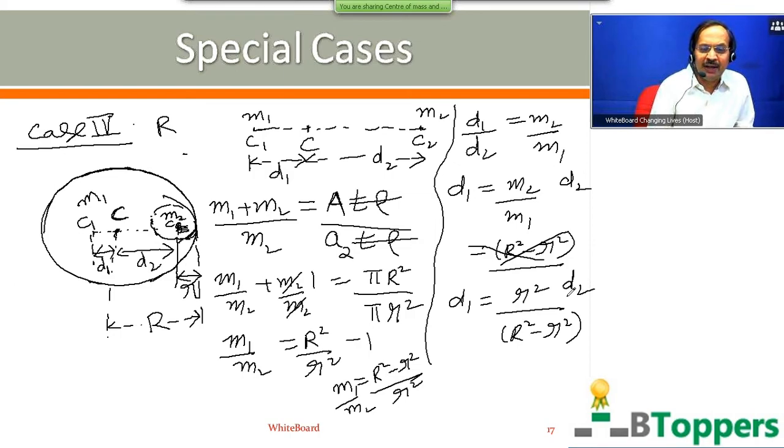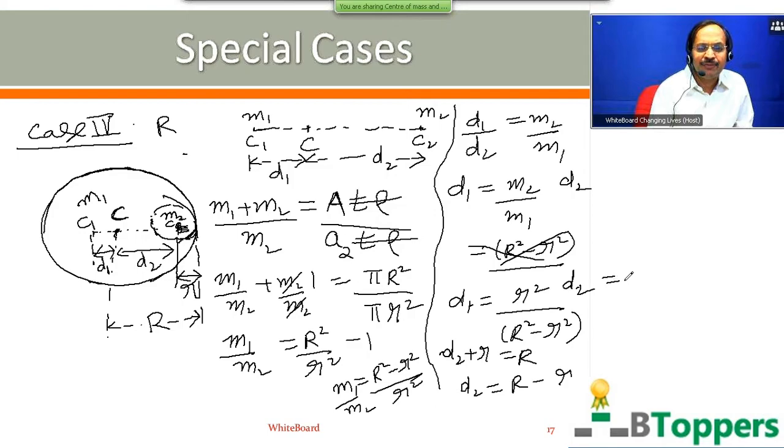So D2 is the distance of the center of mass of the circular piece removed from the center of the original plate. D1 is the distance of the center of mass of the remaining plate from the center of the original plate. The circular piece is removed from one edge of the plate. In that case, you can write D2 plus small r equal to capital R, as you can see from the figure. Or D2 you can write as capital R minus small r.